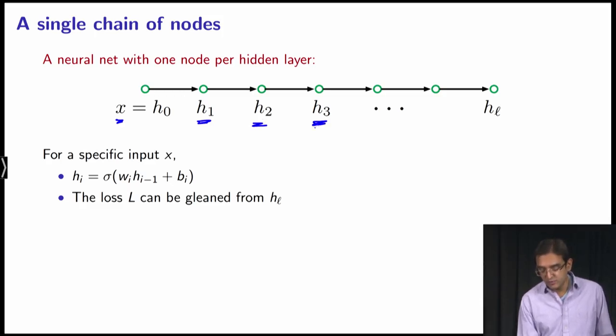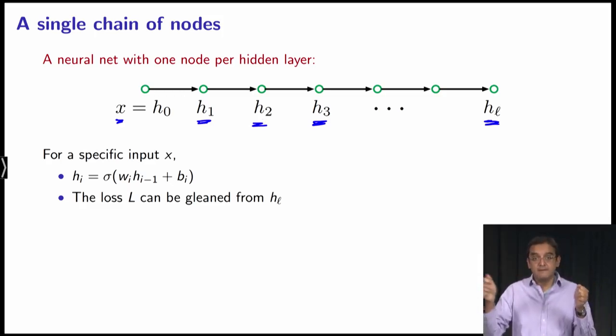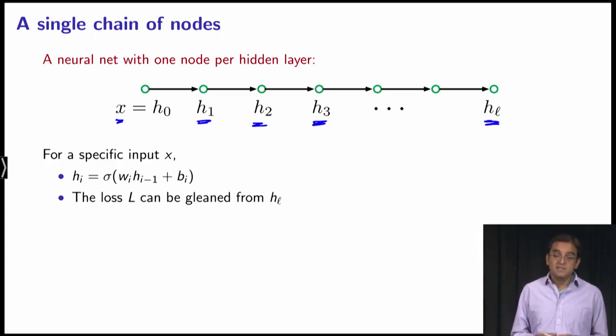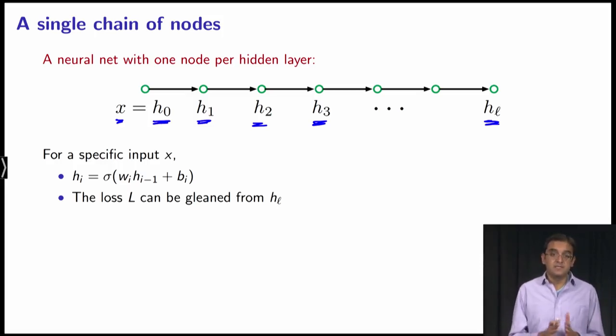Layer 3 contains one node, h3. And at the very end, we have the last layer, h sub l. Okay, so the neural net now just looks like a single chain. And in fact, to make the notation completely consistent, let's just call the input h0. Okay, that leads to complete uniformity.